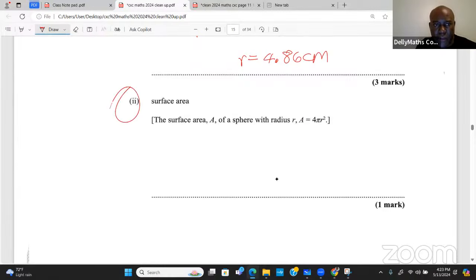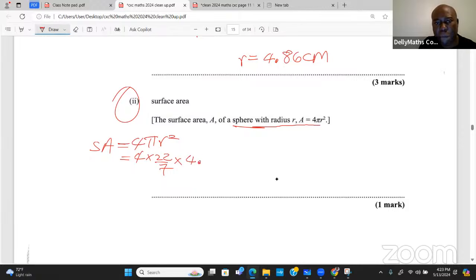All right, let us look at surface area now. The surface area of a sphere is given by this. I have the radius, so all I'm going to do is that surface area is equal to 4 pi r squared. In this case, it's going to be 4 times pi times r squared. All we're going to do is work this out. So let's just use our calculators. 4 times 22 times 4.86 squared.